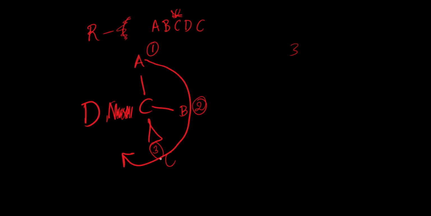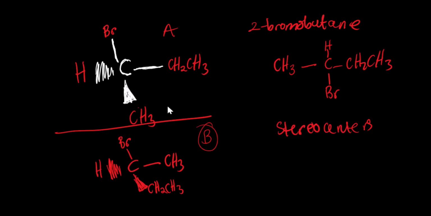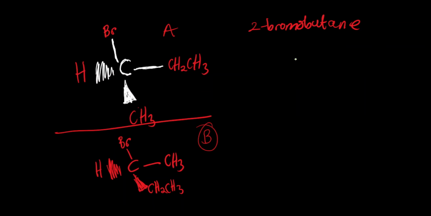Now let's go back to our molecule of interest right here. Let's determine the configuration of the first molecule. Remember, in considering our priority, we're going to make use of the atomic number.